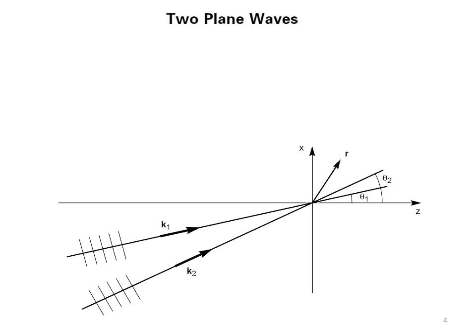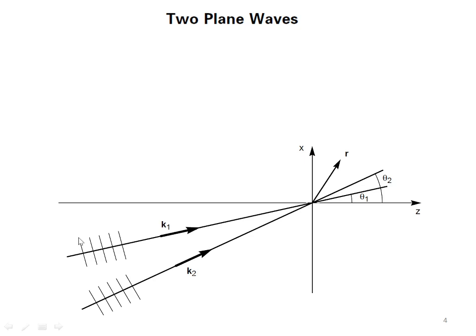Let us consider this diagram where we are having two beams of plane waves which are traveling this way. So their wave vectors are, say, k1 and k2, and I hope you know that this wave vector is representing nothing but the direction of propagation of the beam. So the first beam is propagating along this direction.